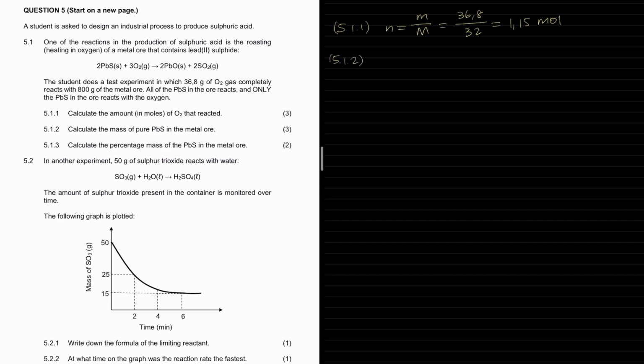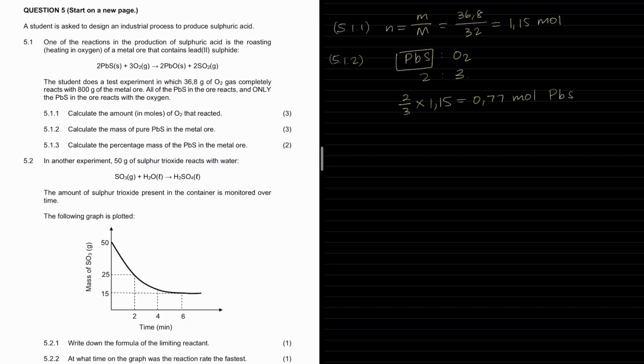5.1.2 Calculate the mass of pure PbS in the metal ore. So here I'm going to do a mole ratio first. So the ratio of PbS to O2 is 2 to 3. So if I want the number of moles of PbS, I'm going to say 2/3 times 1.15, and that gives me 0.77 moles of PbS.